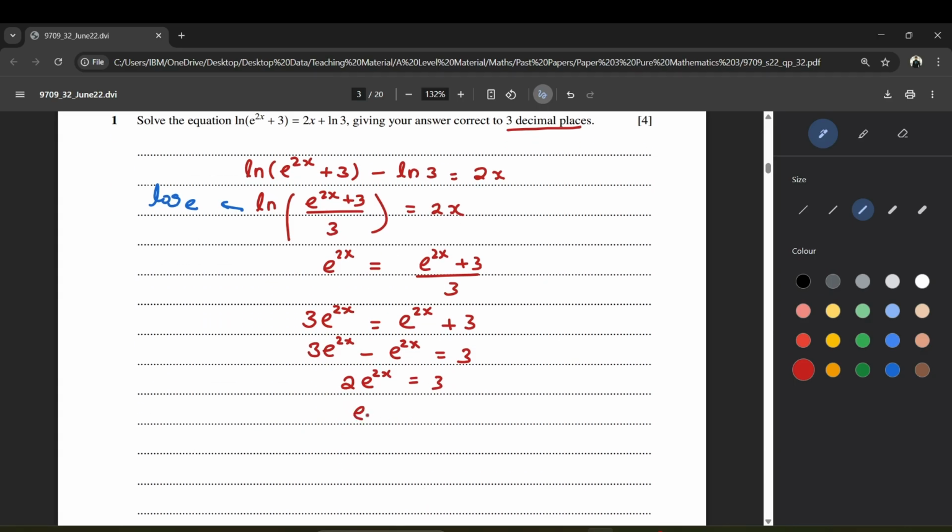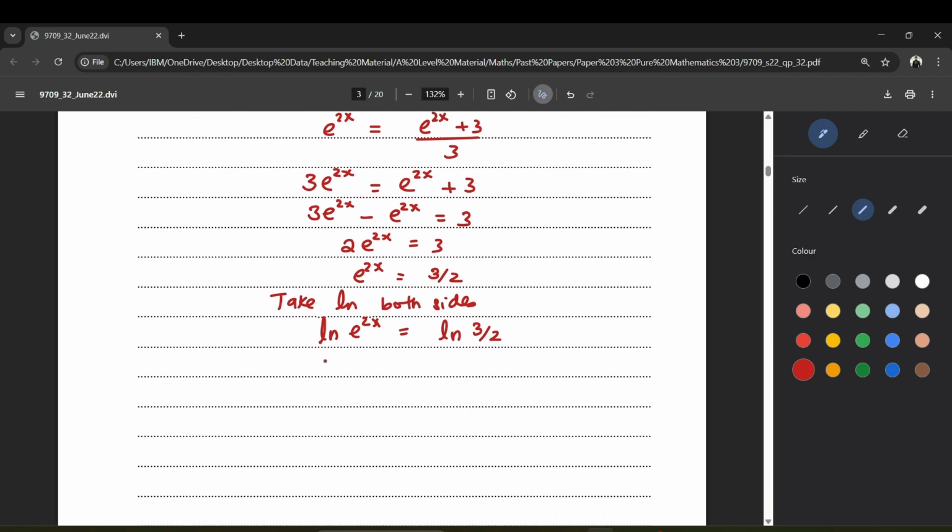We'll divide both sides by 2. e to the power 2x is equal to 3 upon 2. Now we will take ln both sides. So this becomes ln e to the power 2x equals ln 3 upon 2.